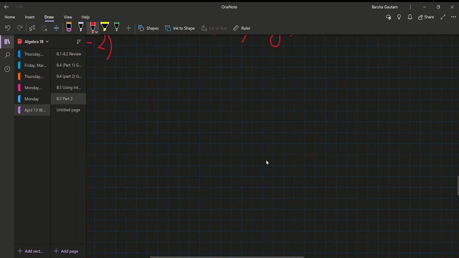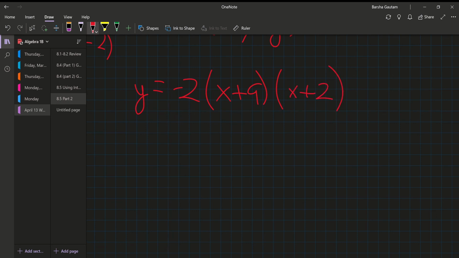Let's rewrite it. Y is equal to -2. We're going to keep everything else exactly the same. And now we can distribute it and figure out what it looks like in standard form.